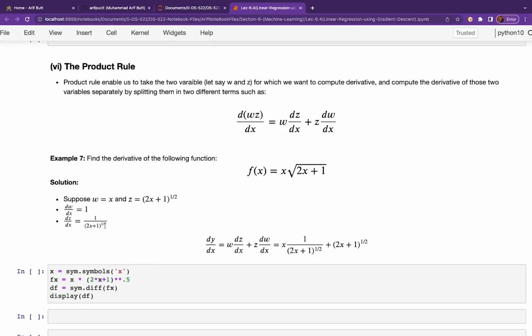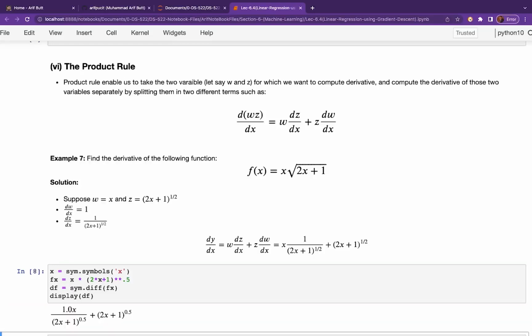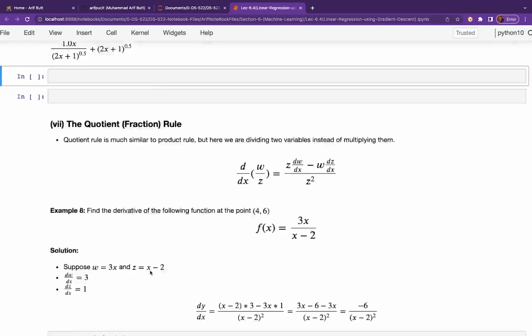So in this case, our answer is 1 over the square root of 2x plus 1. Let me execute this code to verify what SymPy says. Great, the same answer.